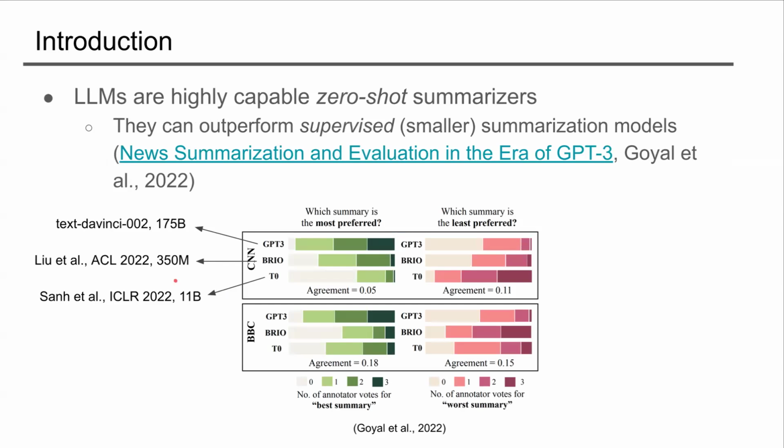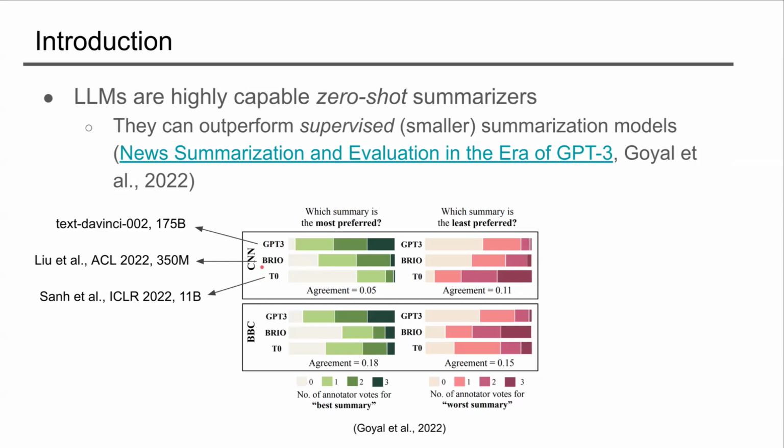Several studies show that LLMs are highly capable zero-shot summarizers. There are smaller supervised summarization models, which are trained on summarization tasks. If you compare these with general LLMs, it turns out that LLMs perform better.